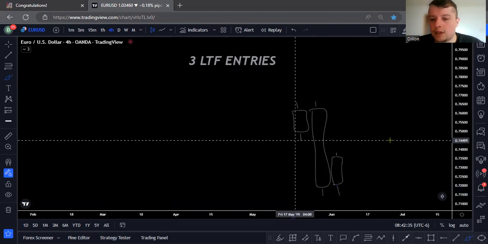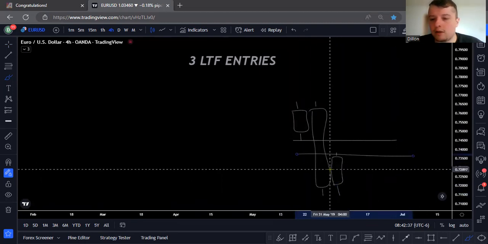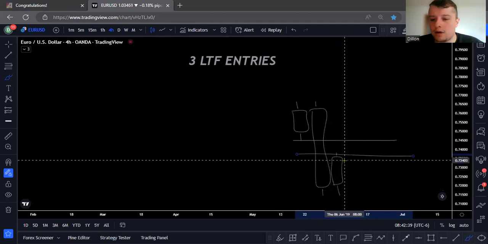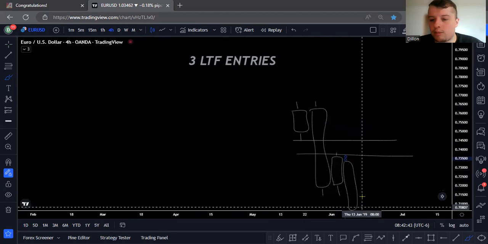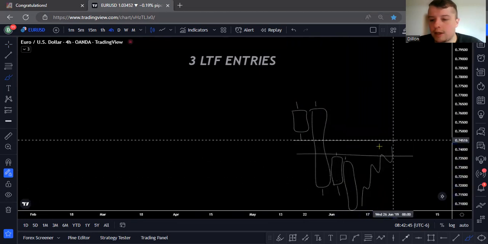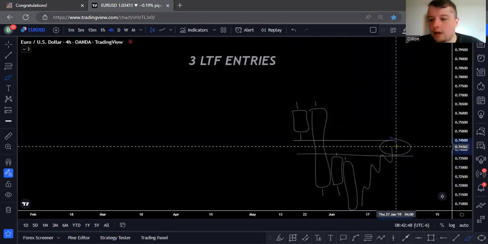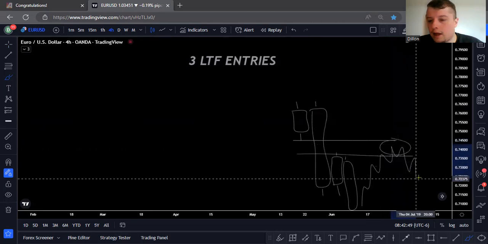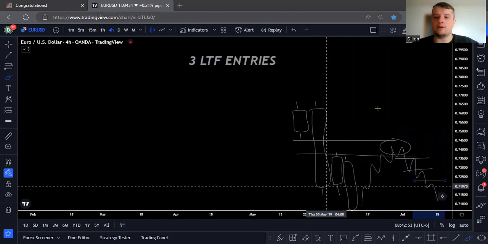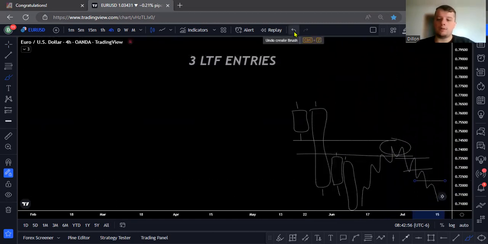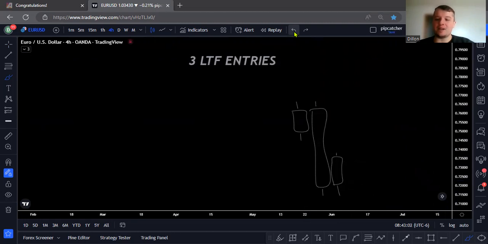Your inefficiency would be in between those areas. So as price comes down again, price would retrace back up into that area and then reject from said area. So hopefully my horrible drawing makes sense there. Hopefully that makes sense.